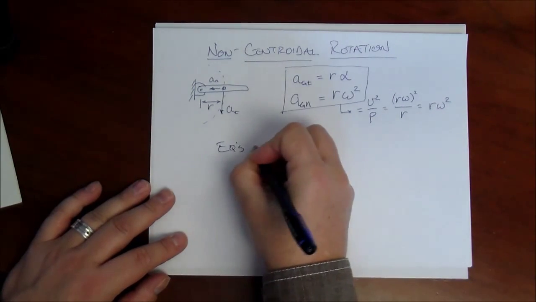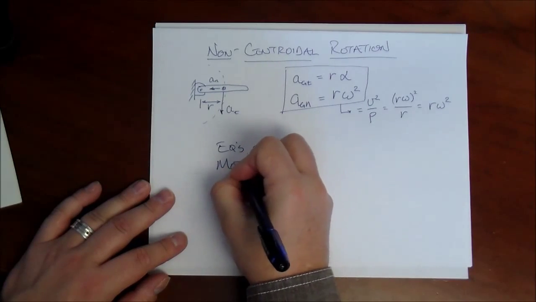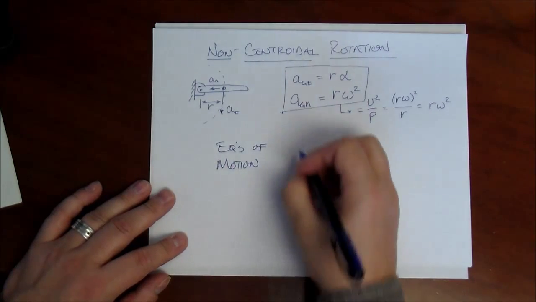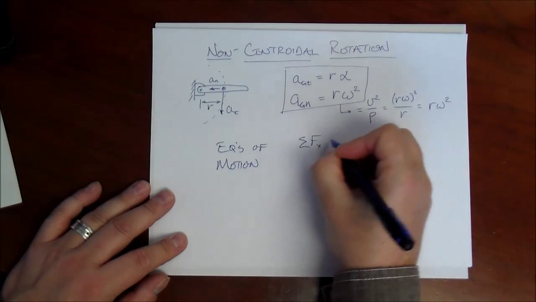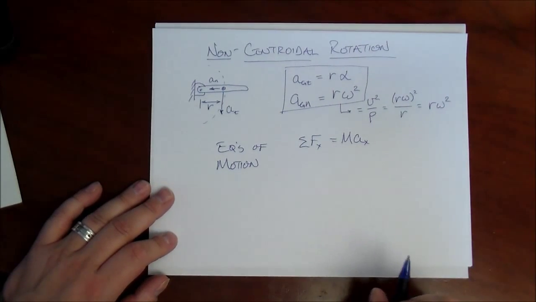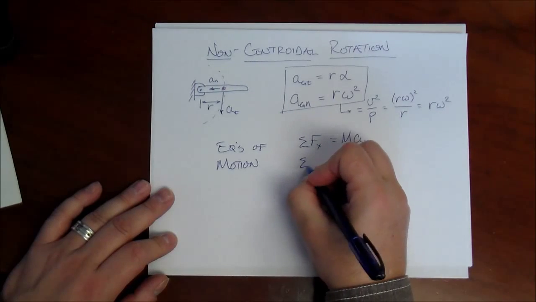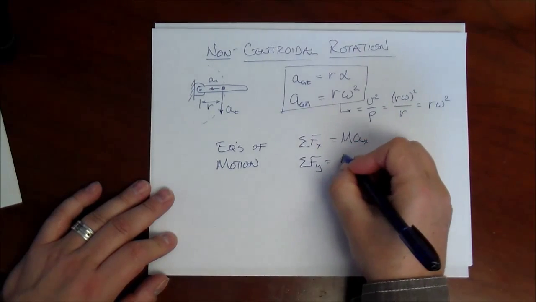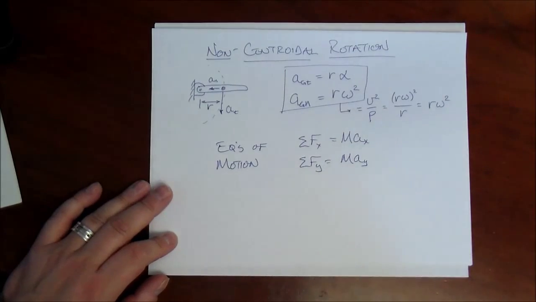And then the equations of motion are as follows. The sum of forces in x equals the mass times acceleration in x. The sum of forces in y equals the mass times the acceleration in y, the same as before.